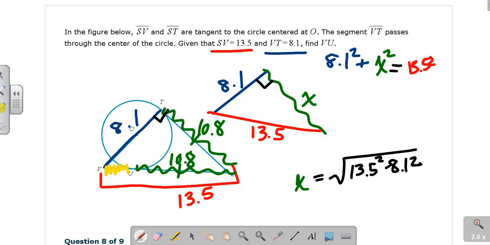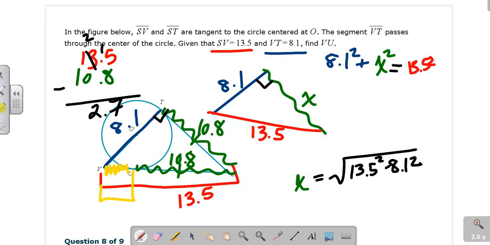And to get our squiggle here, our yellow, that's going to be 13.5 minus the green, 10.8. So our yellow is going to be 2.7.